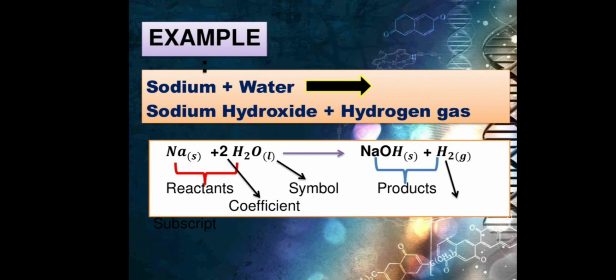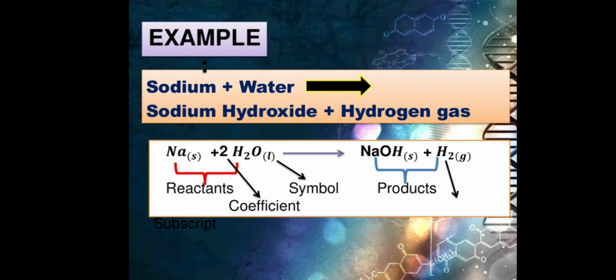We have the reactants here, both sodium and water. Then the coefficient here, as I've said, is the first number before the symbol. This part here, which I think was just missed, is the product.